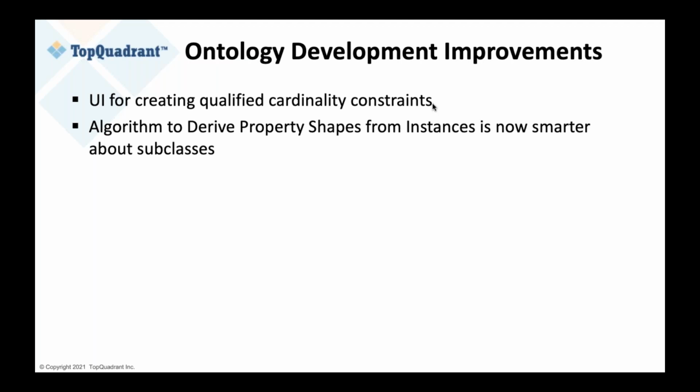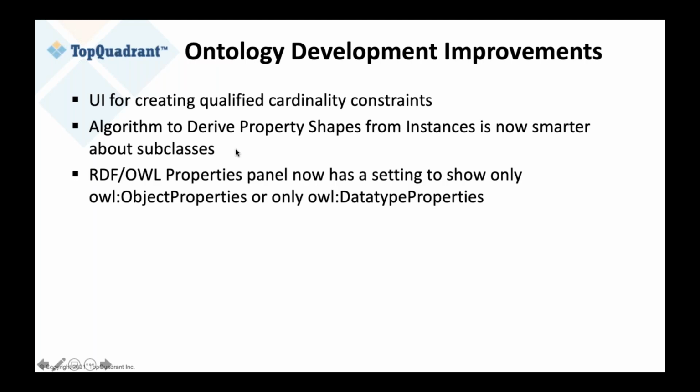So let's create the model support for those properties. This algorithm has been improved in order to understand classes, subclasses, etc., and provide a more comprehensive model from the instance data that you may make available to EDG.